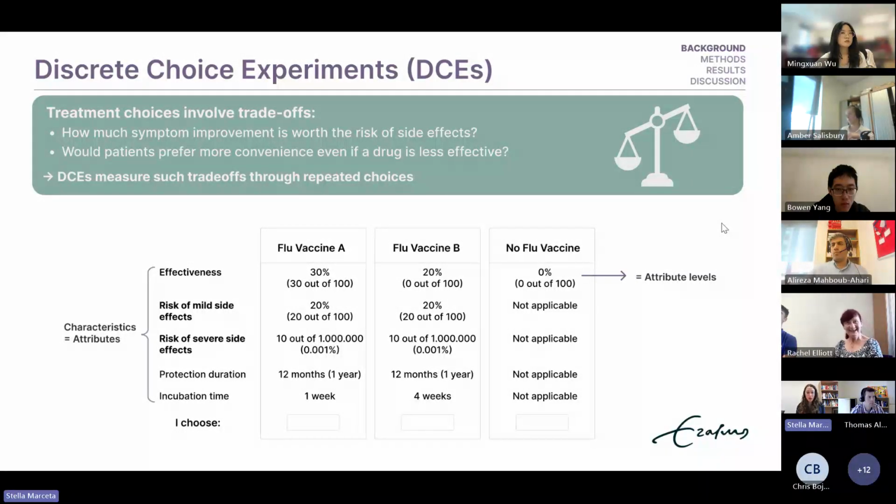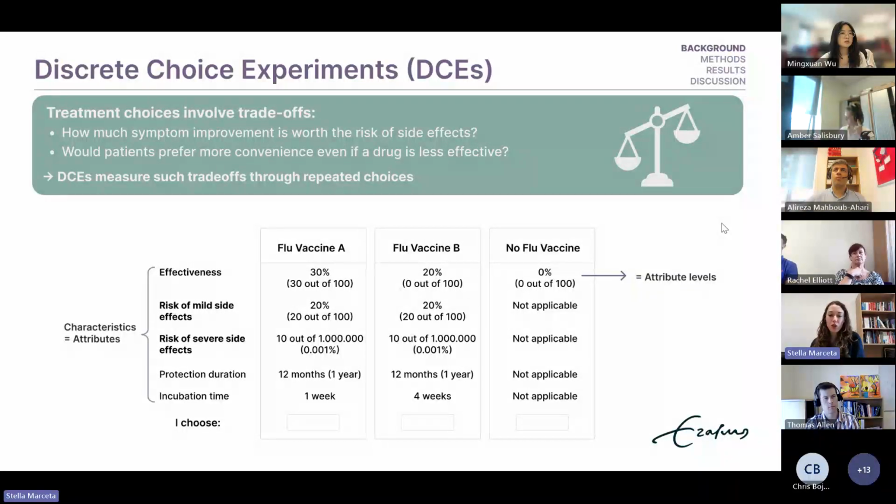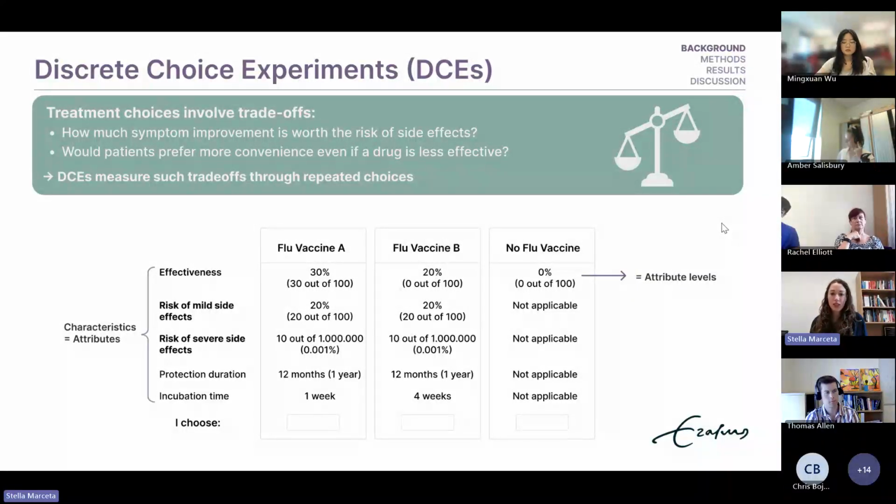What is important to note is that these attributes don't change throughout the choice task. They tend to be the same set of attributes that characterize the treatment options. On the other hand, the values that you see inside the different options are what is called the levels, or attribute levels. That's what actually changes throughout these different choice tasks that respondents repeatedly choose between.